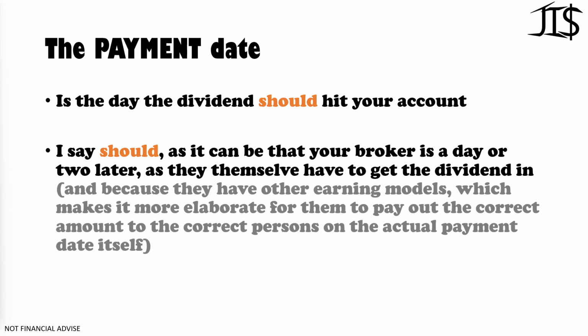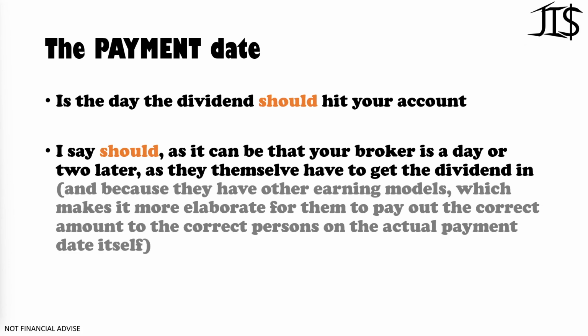It can even be more than 1 or 2 days because they themselves have to get the dividend in, and then they also have to distribute the dividend that they receive towards the persons that are eligible to receive the dividend. And some brokers have a really difficult earnings model where they lend out your shares to third parties.